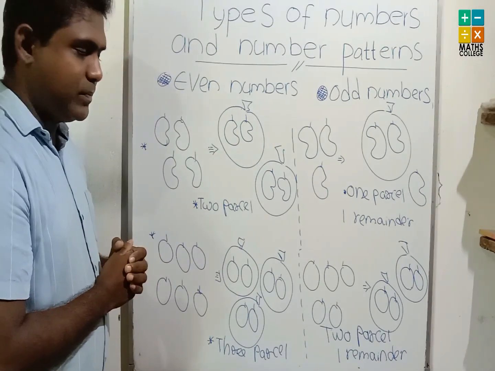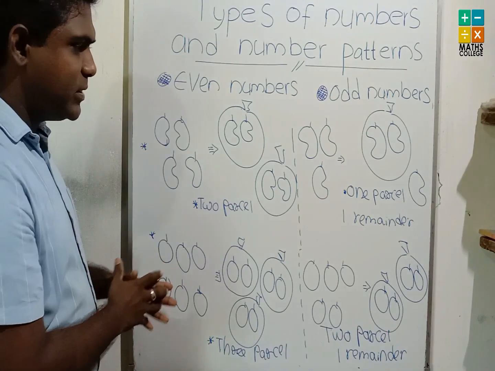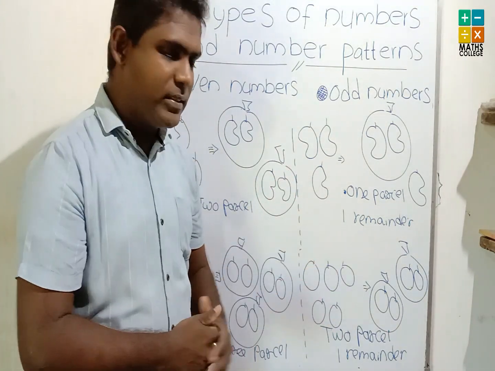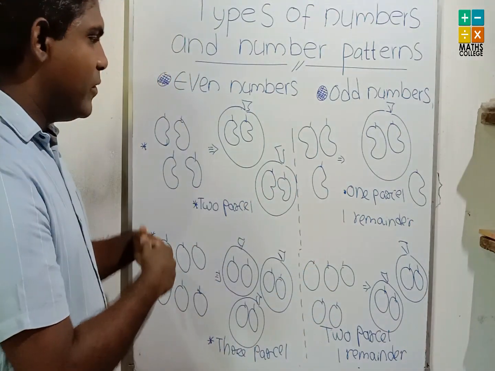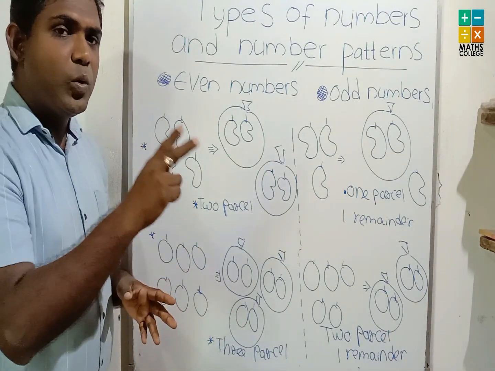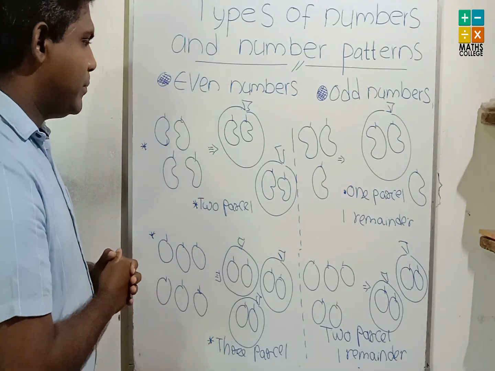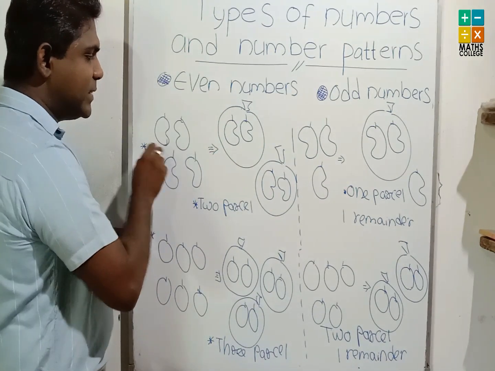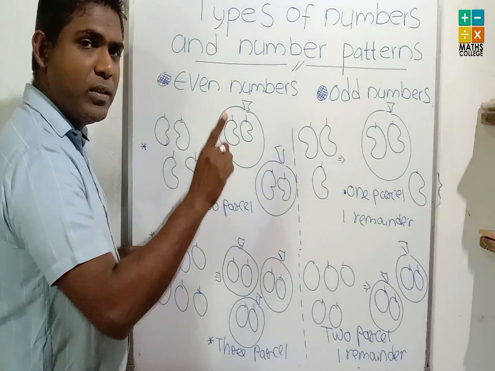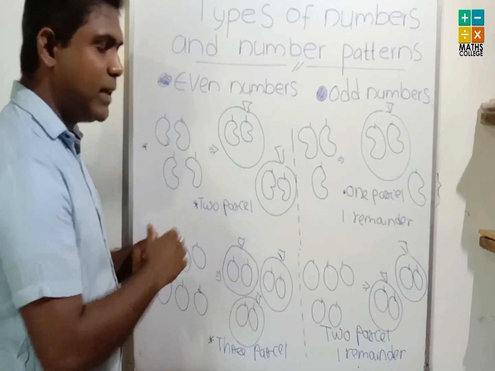Here you can see 4 mangoes, and here mangoes and oranges. We have to make parcels 2 by 2. These 2 mangoes go in one parcel and another 2 mangoes in another parcel.